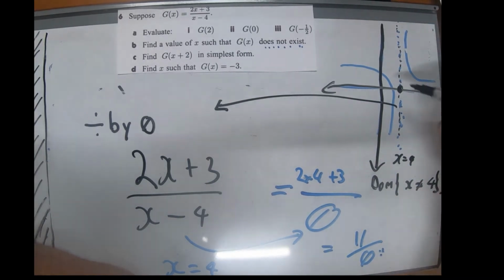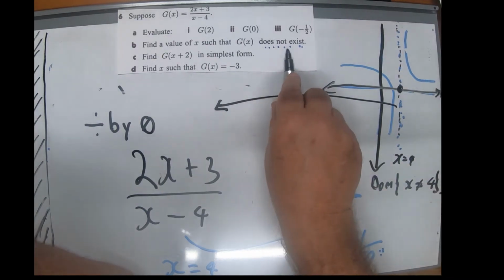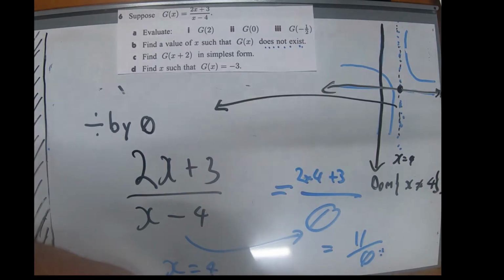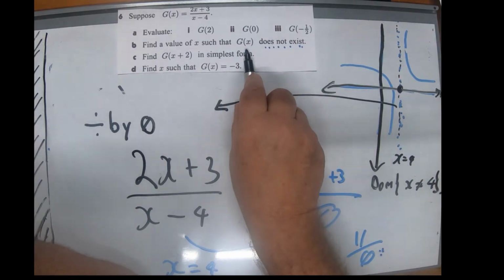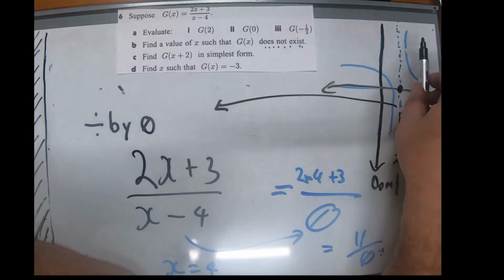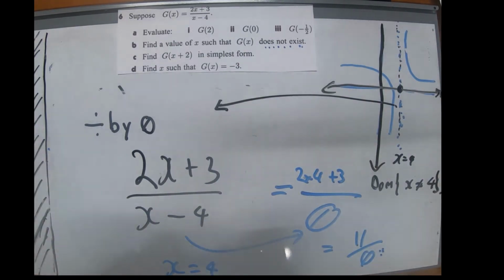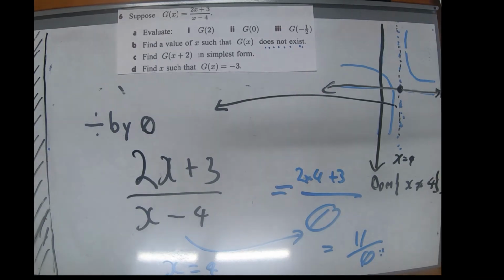So in fact, this is not on the graph. This is undefined. So that is what's meant by a line like this. g of x does not exist. So the graph does not exist when x equals 4, because 4 take 4 would be divided by 0. Getting repetitive now, time to move on.